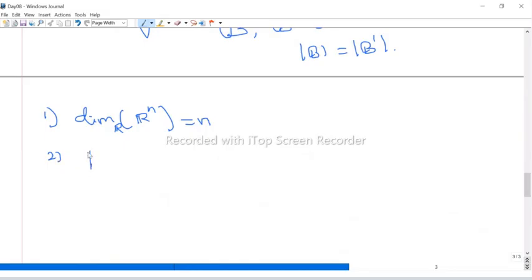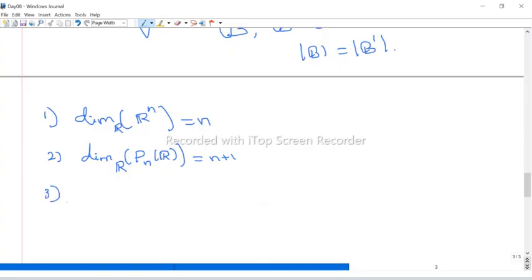And if we take the set of all polynomials Pn of R, of degree less than or equal to n, this is a vector space over the field R. What is the dimension of this? n plus 1. The basis is 1, x, etc., x to the power n.